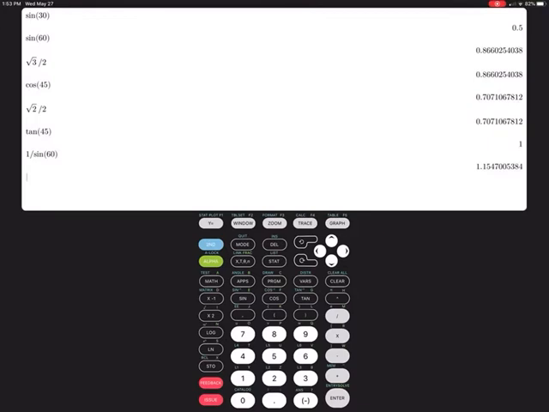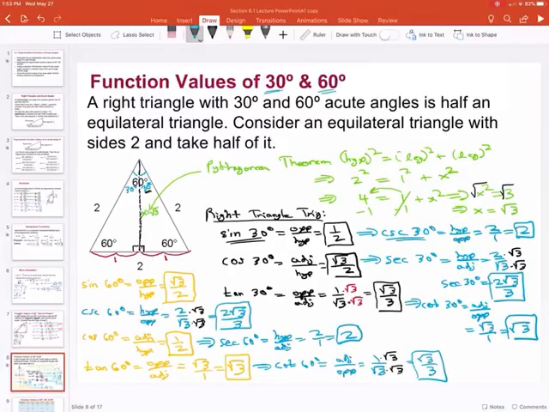And it gives me 1.547005384. It gives me an irrational number with cosecant of 60. And, of course, we looked at that earlier. Go back to our notes. We just looked at the cosecant of 60. Cosecant of 60 is 2 over square root of 3, or 2 square root of 3 over 3.